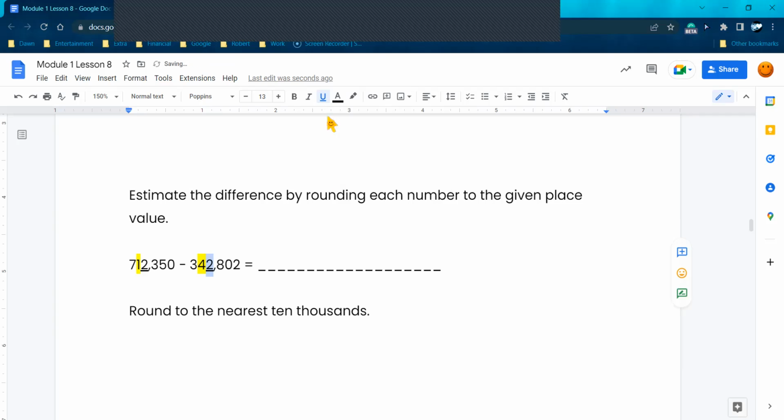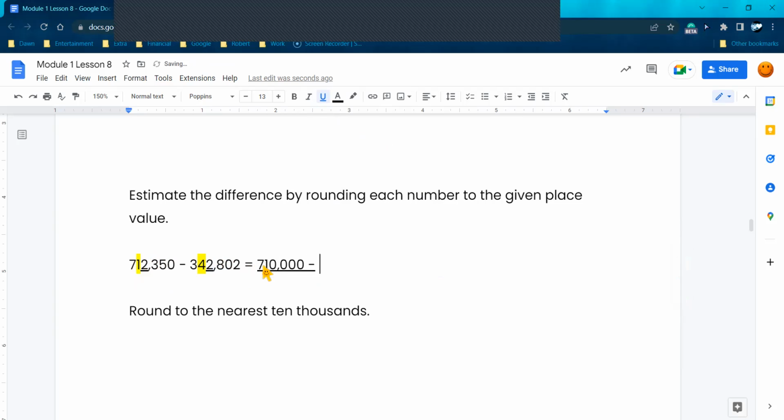So here we go, you guys. So I have 700,000 right there that doesn't change. The 7 doesn't. But I need to look to the right. Does a 2 raise a score or does it let it rest? I see that it's 4 or less, so it lets it rest. So I'm going to have this 7, the 1, and then I put zeros in sight. So I put 4 zeros.